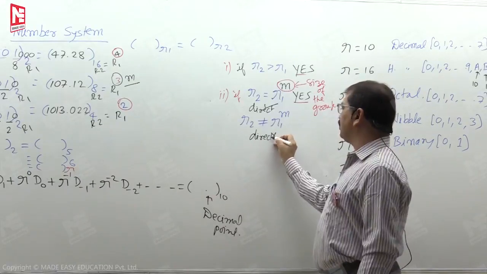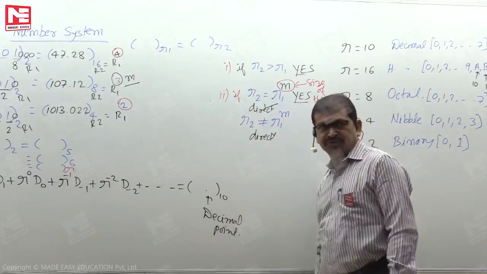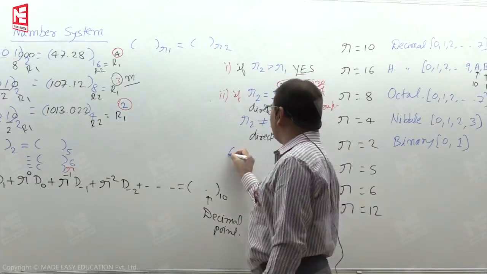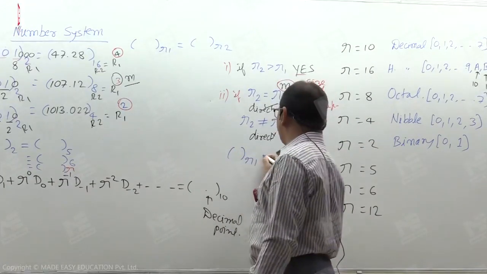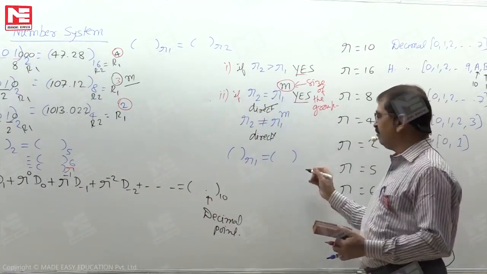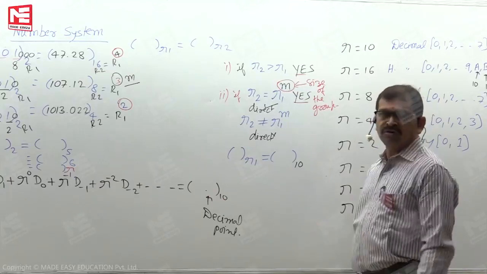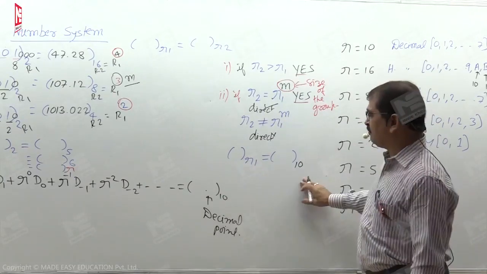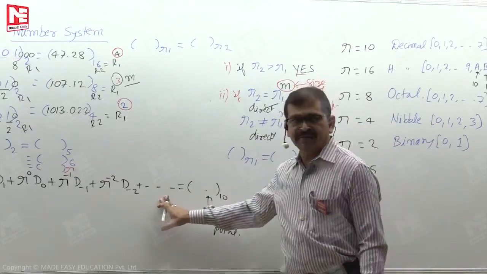When the direct procedure is not possible, how to proceed? The procedure is similar to the conventional work. We need to convert the given number with radix R1 to a decimal number. We know how to do this by using the polynomial equation.